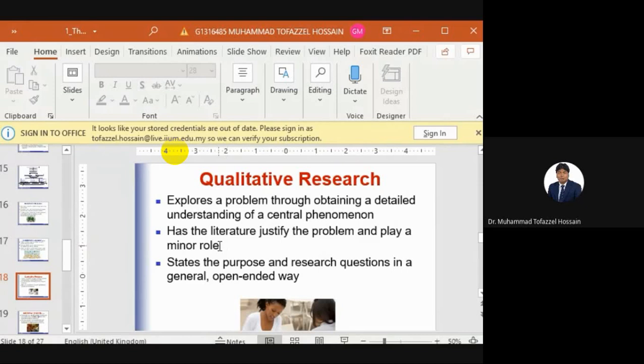But qualitative research is mainly explorative. When you are exploring something, you don't know what you may find, right? So the exploration can be something very extraordinary, something very new that has no similarity with the past. That's why the past literature has a very minor role here.